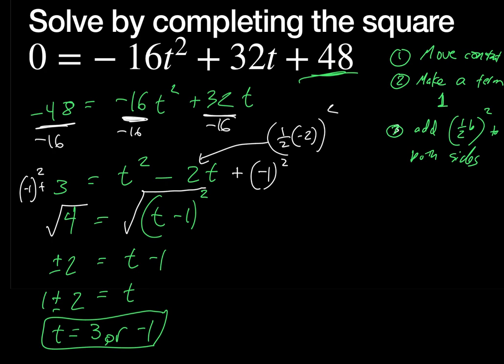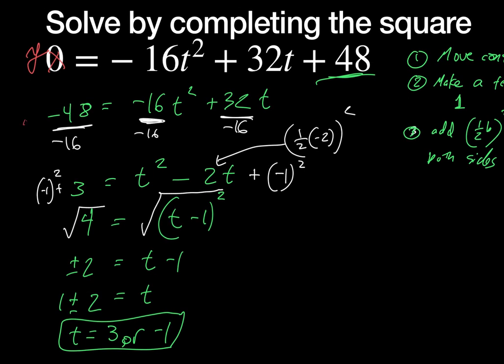All right. I said vertex form when we did this the other day. Up here, instead of 0, it would have been y equals. So then all along here, I'd have y minus 48, y plus all that, y plus this, y plus or minus 2.